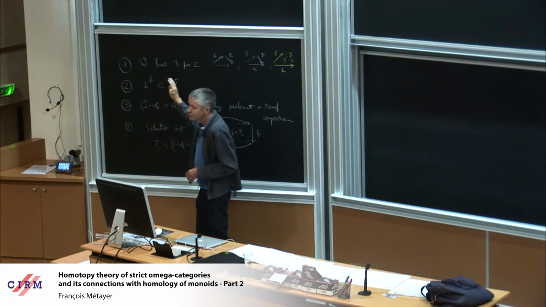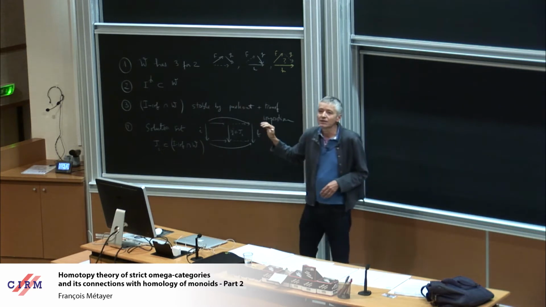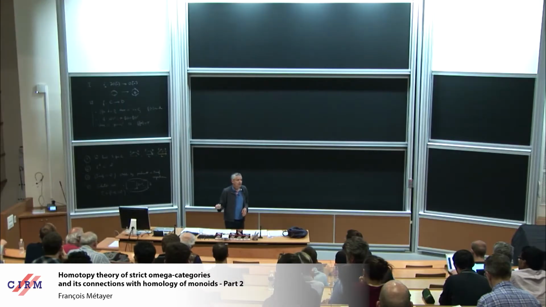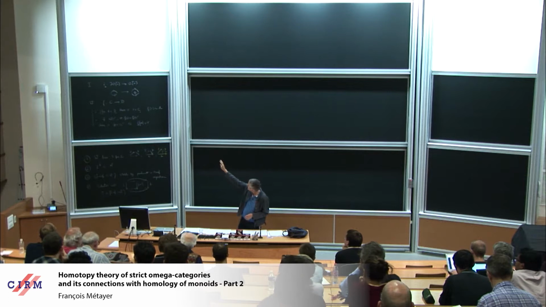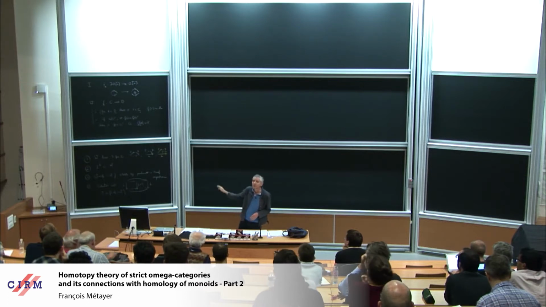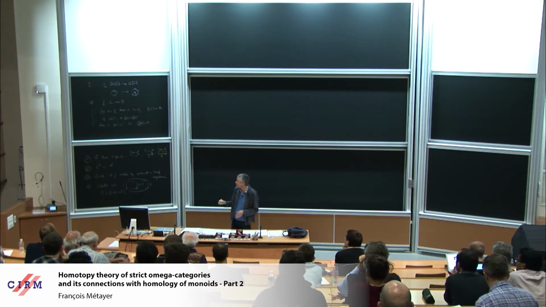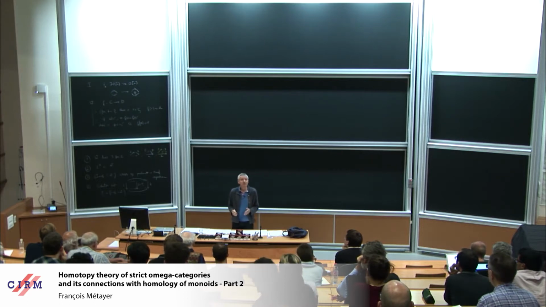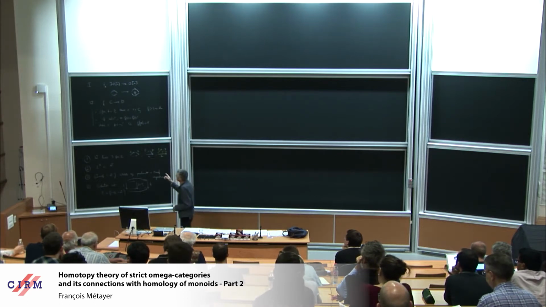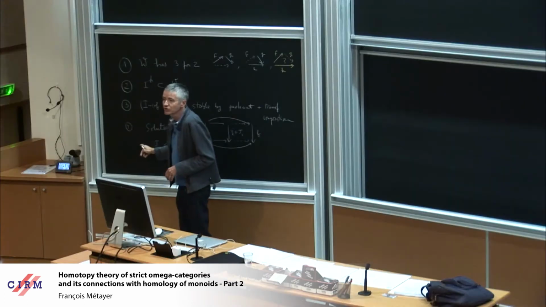So we were trying to check the conditions that will make this data I and W a model category. This is based on Smith's theorem again, and I remind you that we have to check 4 conditions.